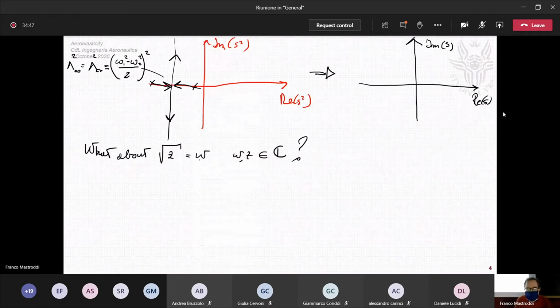Imagine to have w. In this part here you have w as s squared. In this part here you have zeta to be calculated.